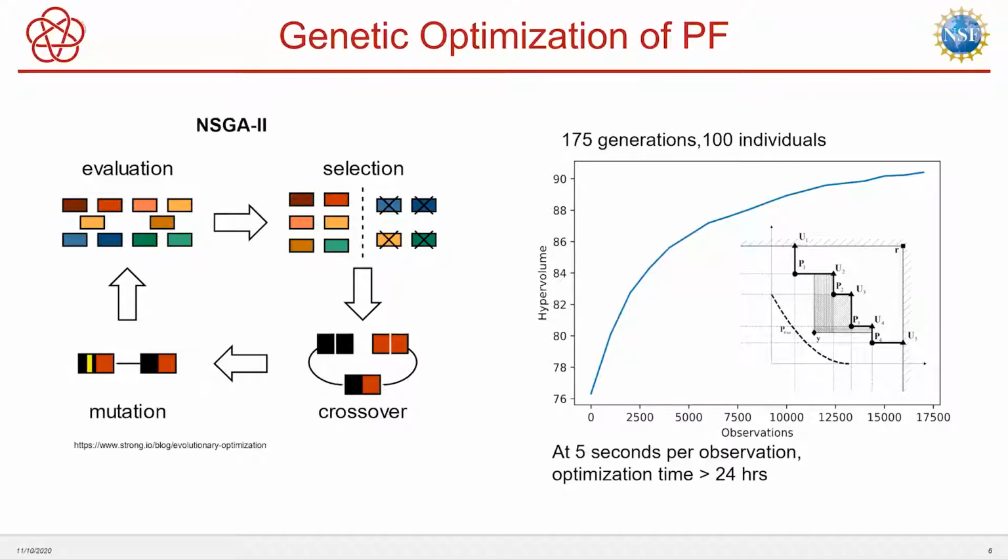For example, if we are going to do an optimization, in this case for the photoinjector problem, it took 17.5 thousand observations in order to find a roughly ideal Pareto front. And if we want to do these observations in a serialized manner in an accelerator, that takes maybe 5 seconds to make a single observation, our optimization time is going to be over 24 hours long. And this is obviously not practically feasible for any online tuning algorithm.